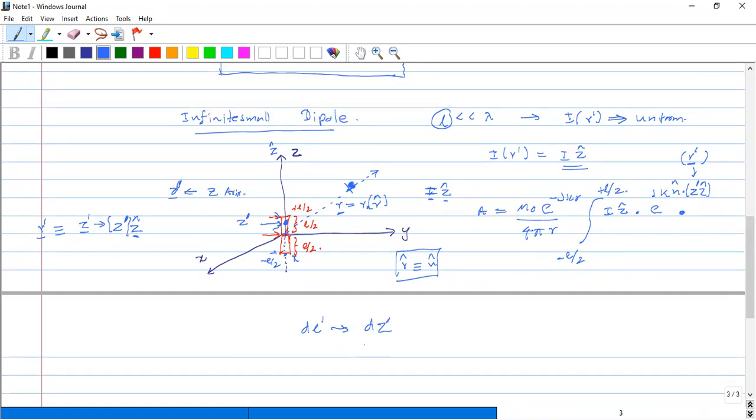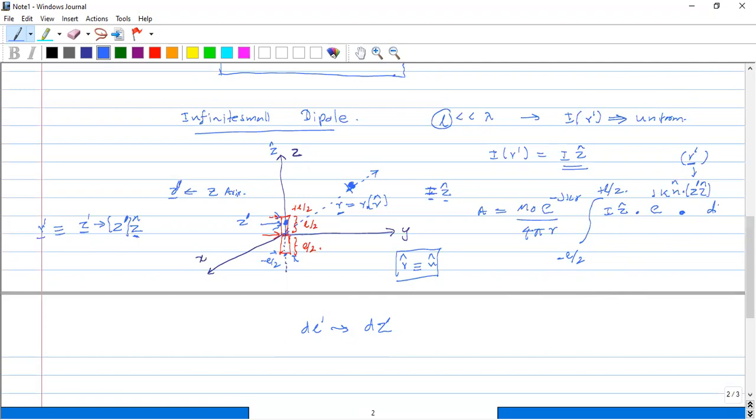Here also I have put it as z dash, so this dl dash will become dz dash. So this is the solution, or the expression for the magnitude.